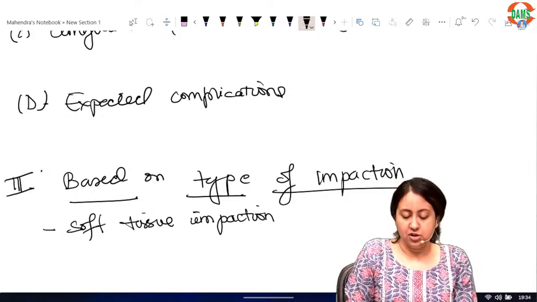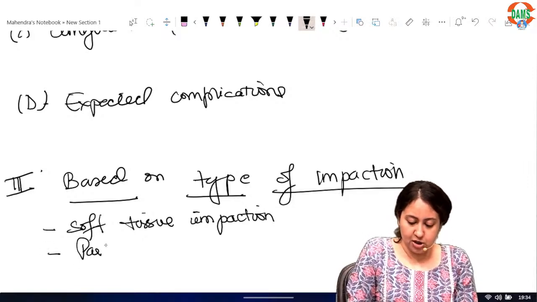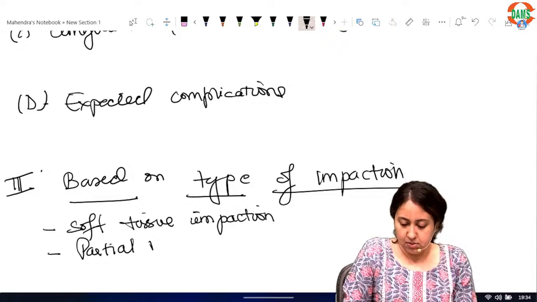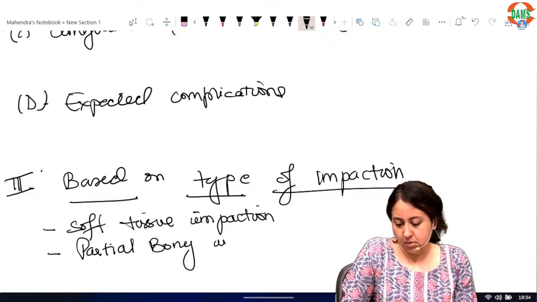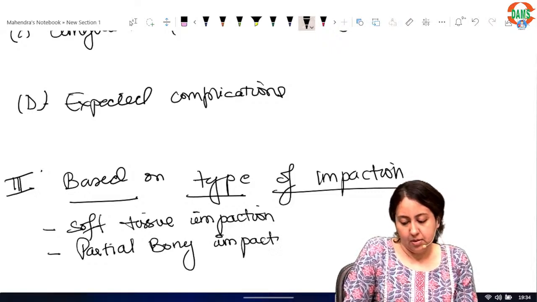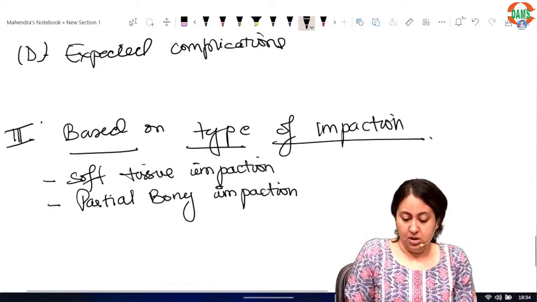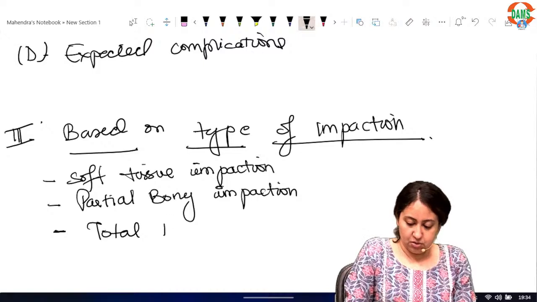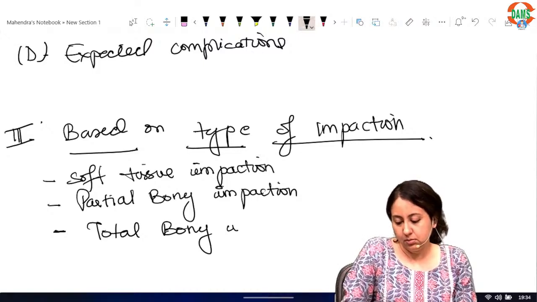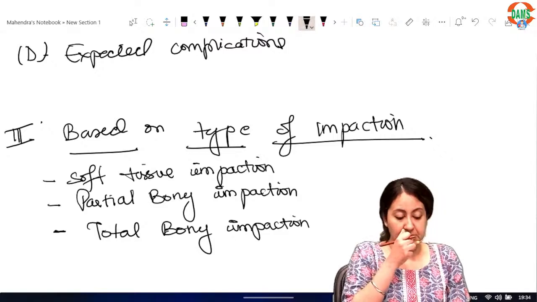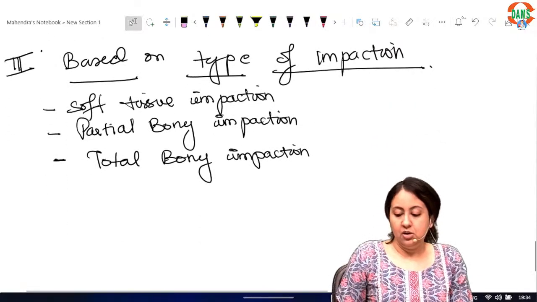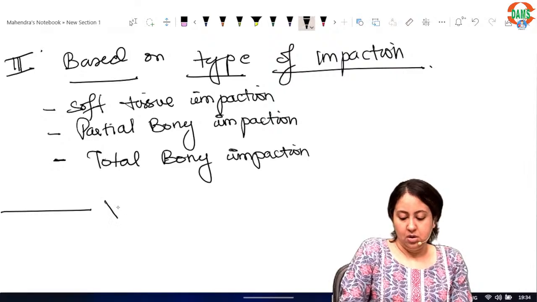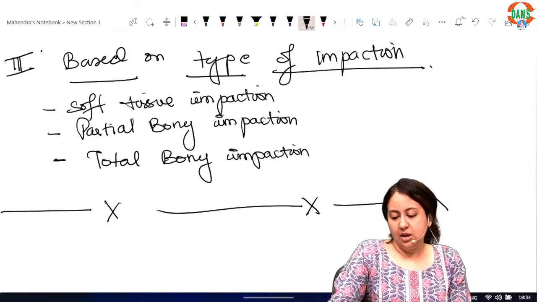It can be partial bony impaction. And it can be total bony impaction. Alright. So, in classification this much is required.